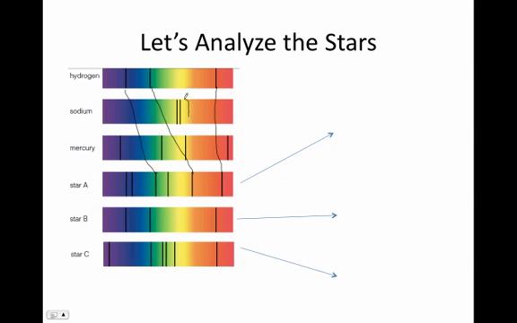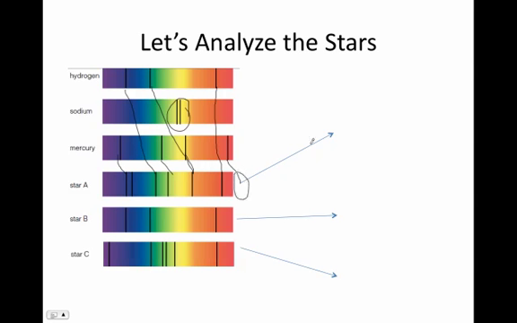Let's check, is there any sodium? No, no double line sodium. How about mercury? Maybe that one. Maybe that one. Maybe that one, just doubled up. And maybe that one, but it just came off.